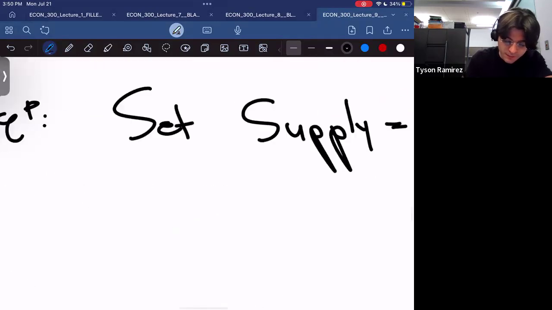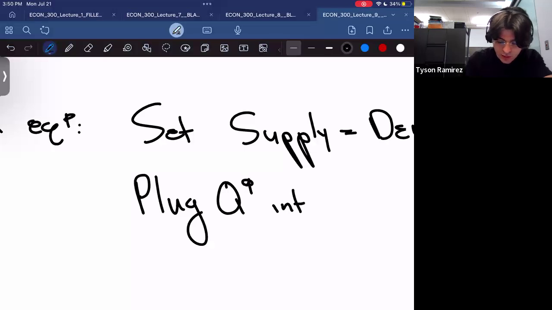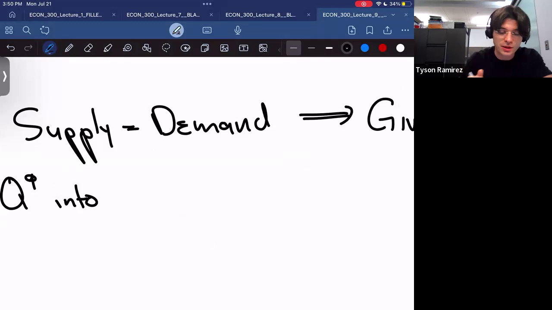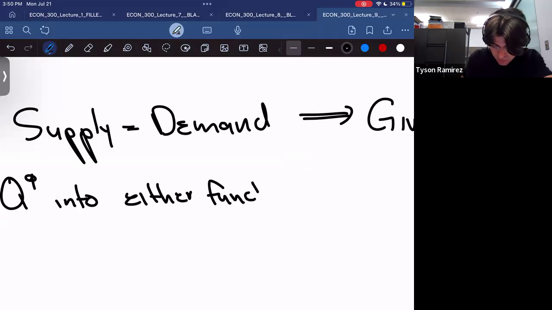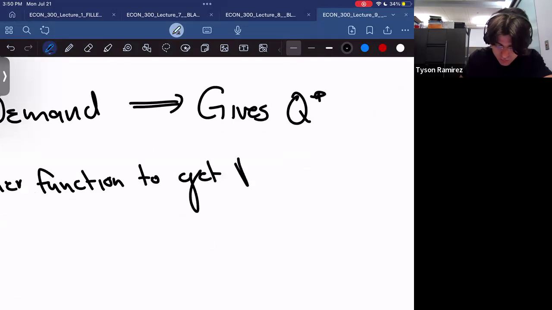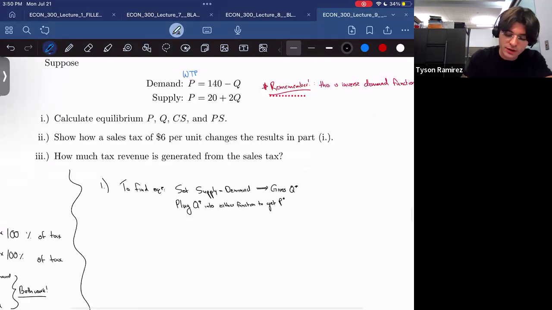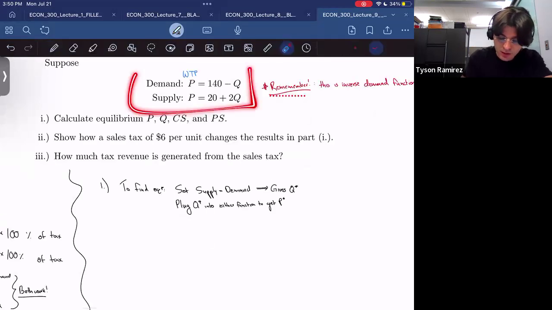And then from here, plug Q star into either of the functions to get P star. All right. So you want to set these two guys equal and then solve for the Q that makes it true.